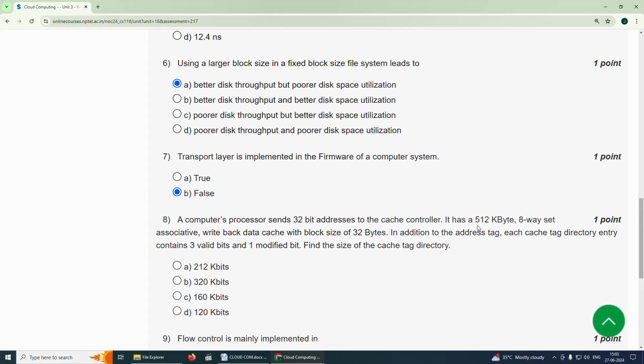It has a 512K byte 8-way set associative write-back data cache with a block size of 32 bytes. In addition to the address tag, each cache tag directory entry contains 3 valid bits and 1 modified bit. Find the size of the cache tag directory.